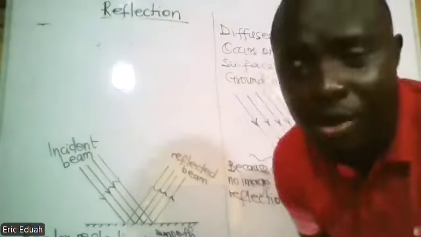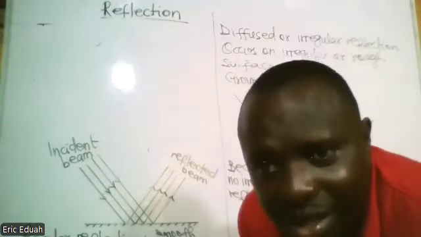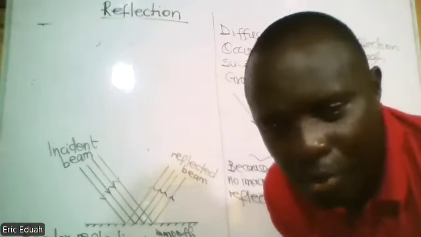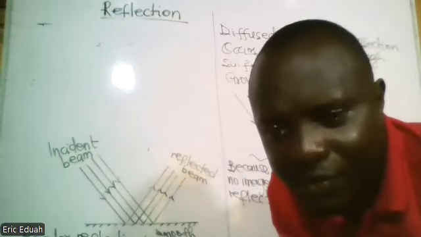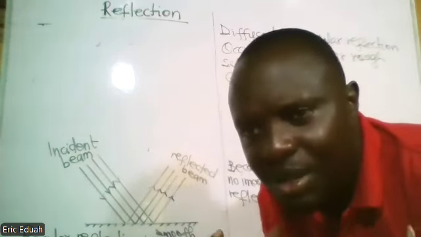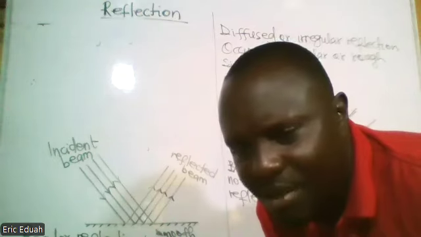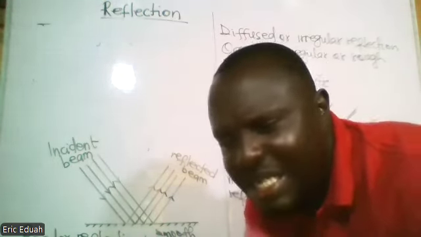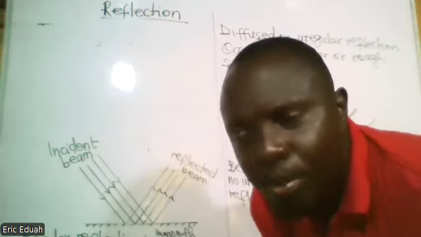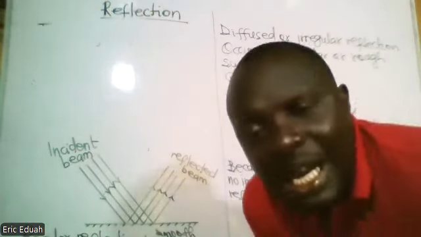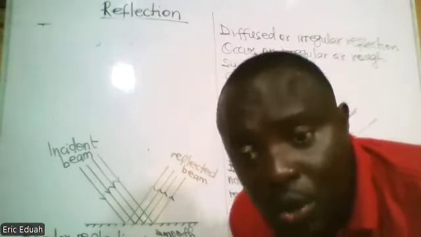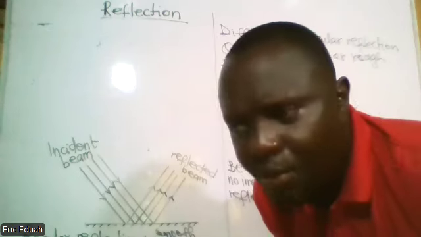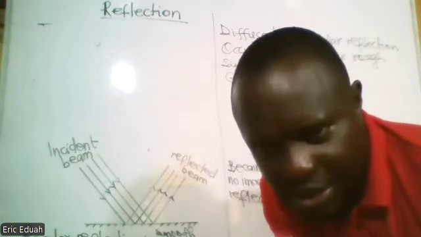And this is the reason why no matter where you find yourself, light from the sun will still reach you, so as to enable you to see. So that is what irregular reflection is, what helps us to see.